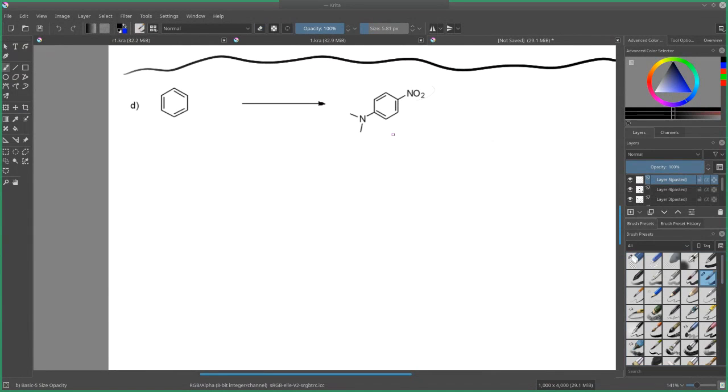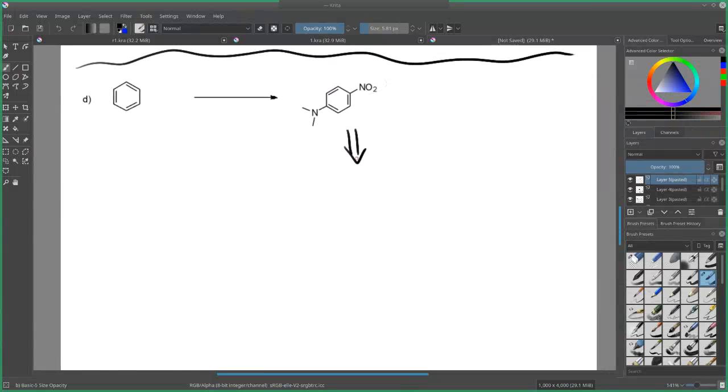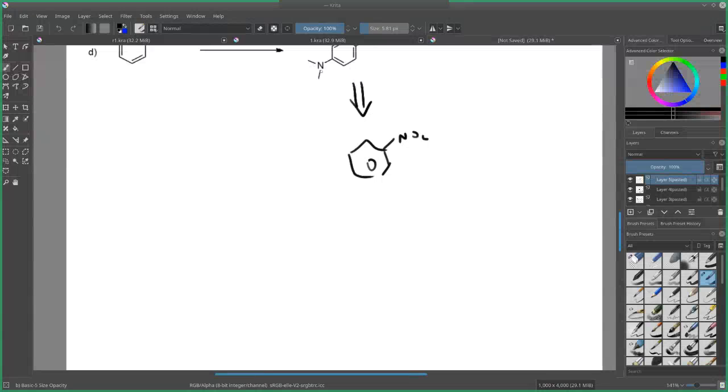So okay, how else can we make this final product? Well, what if we're really crazy and we say, okay, there is an NO2 on the ring, and instead we want to attach this whole thing, this whole nitrogen with two methyls on it.